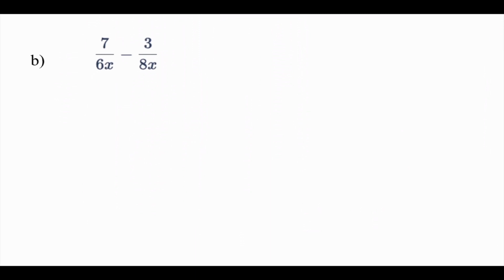Okay, letter B, right below it. Subtracting. If I was to do a factor tree for 6, what numbers would I have circled? 3 and 2.